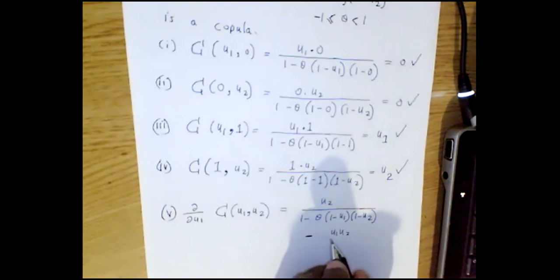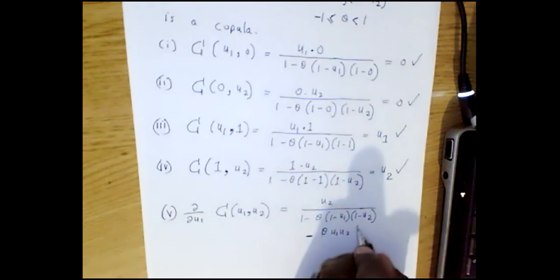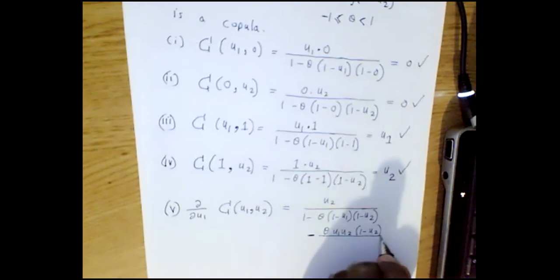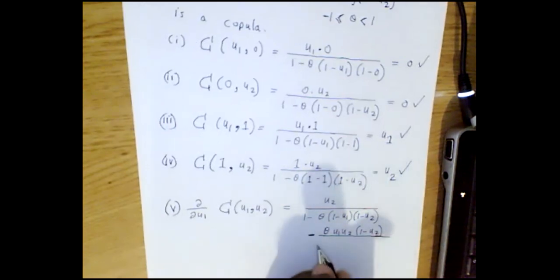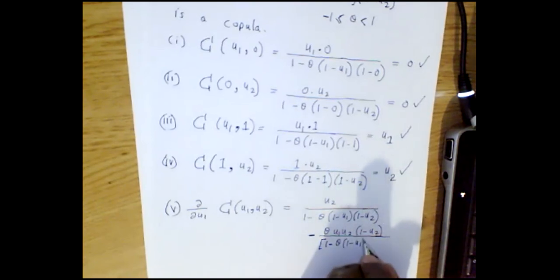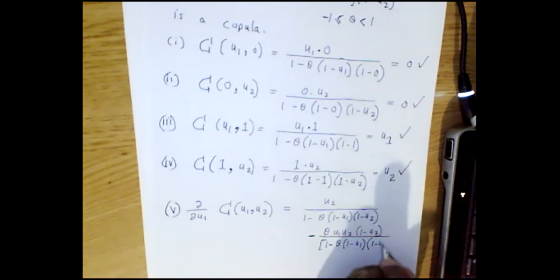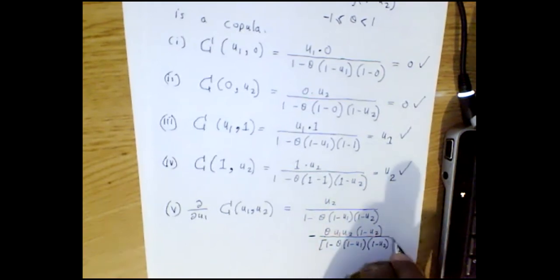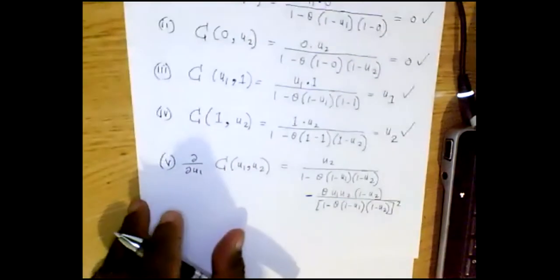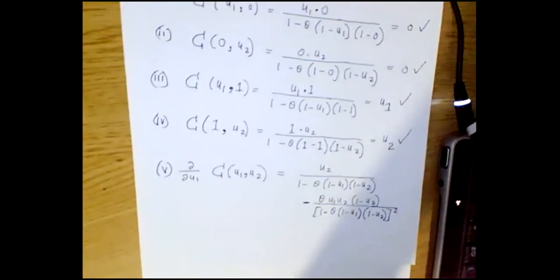And then there's a theta here. I'm doing it at a faster pace than usual. Normally I would do it one step at a time, but because I'm running out of time, I'm doing it at a faster pace. Right, this is what you will get, I think. Correct me if I'm wrong.